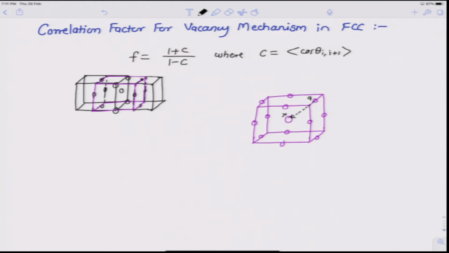For example, one class contains only one atom A and it makes an angle of 180 degrees with A x. The other class contains 4 atoms of type B and they make an angle of 120 degrees with A x. Then we have type C which makes an angle of 90 degrees, type D making an angle of 60 degrees, and type E making an angle of 0 degrees.